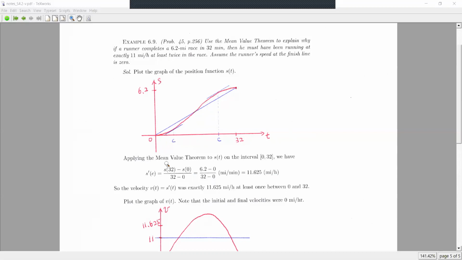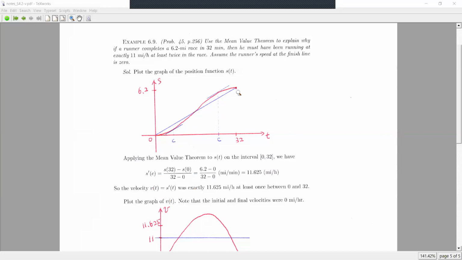Now I apply the mean value theorem to the position function on this time interval. Mean value theorem guarantees between 0 and 32, there is an instant of time c where derivative is equal to the slope of this blue line.